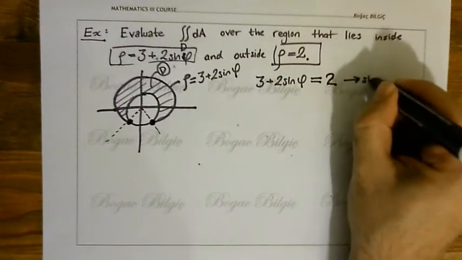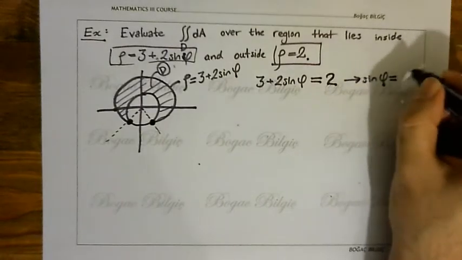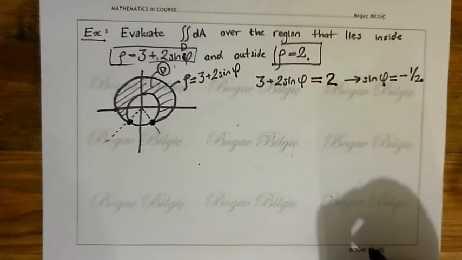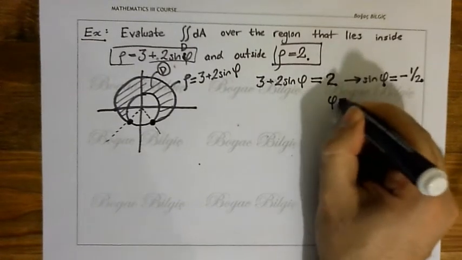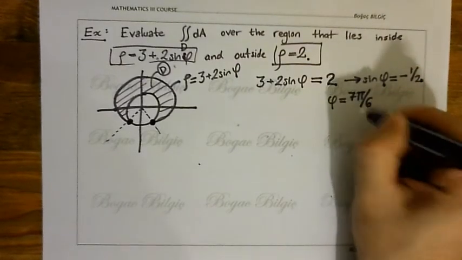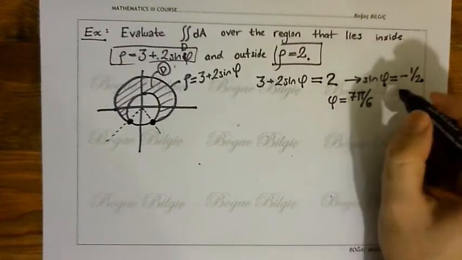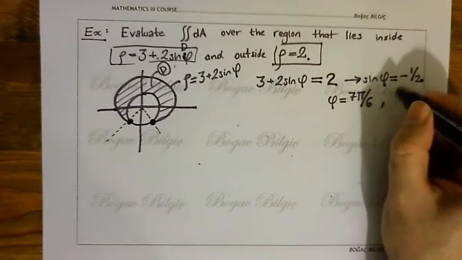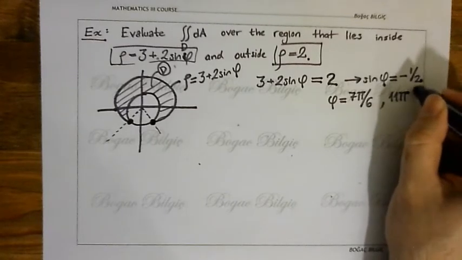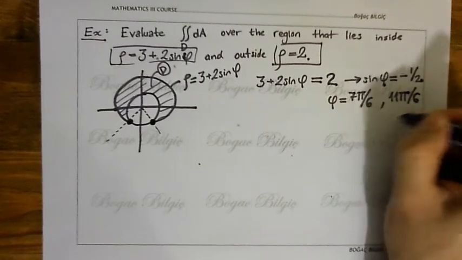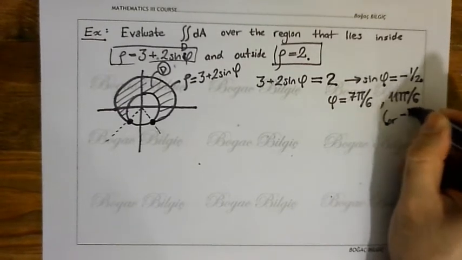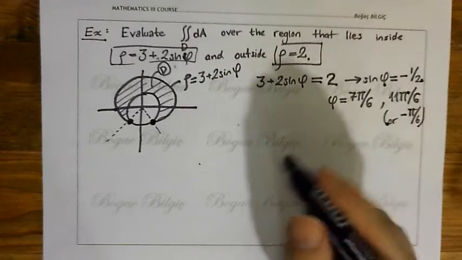So sin phi is equal to minus 1 divided by 2. So phi is 7 pi divided by 6 and 11 pi divided by 6, or minus pi divided by 6.